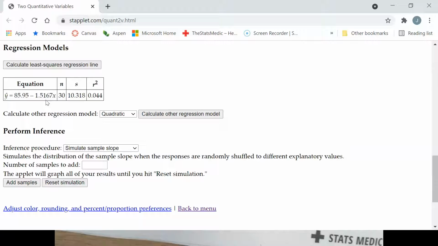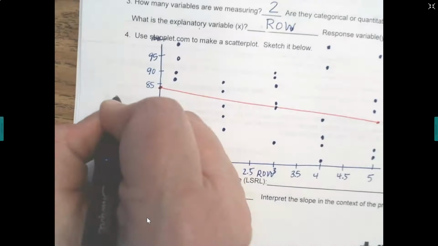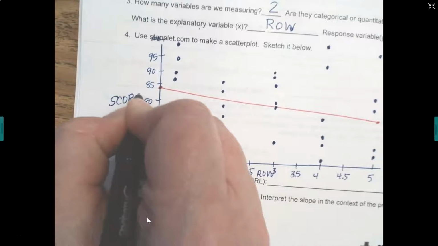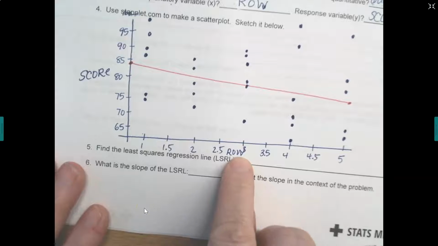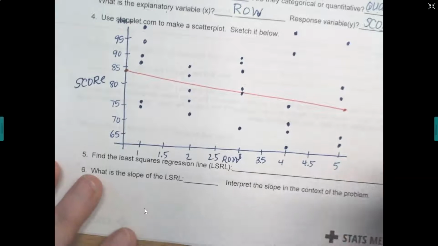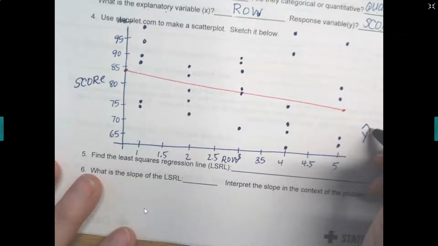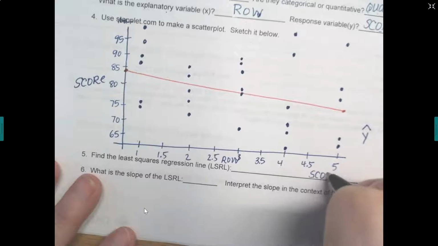Okay, now remember, we like to use context. So our Y values are our scores. So make sure that we've got that written onto our paper, that our Y values are our score, and our X value is the row. So when we're predicting the Y hat, we're actually predicting the score.